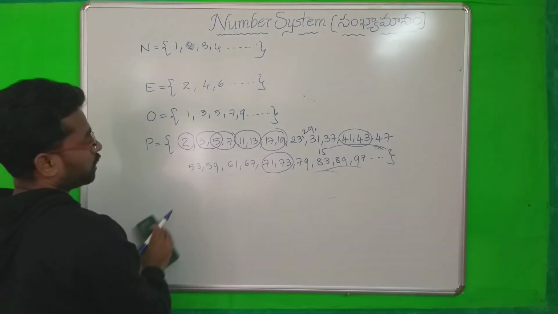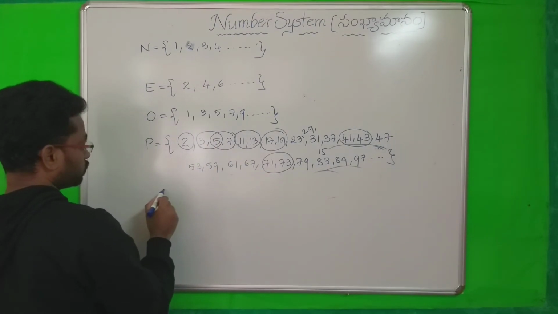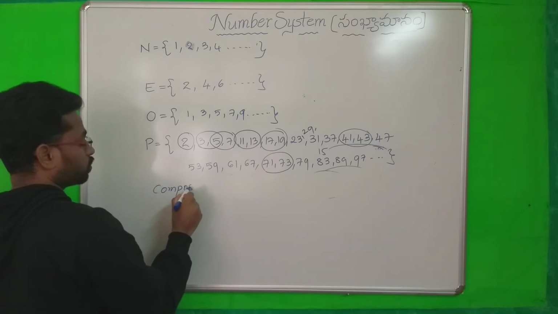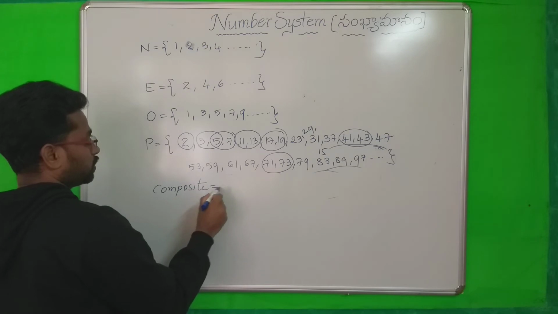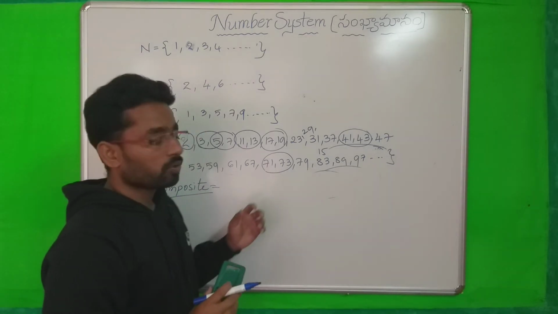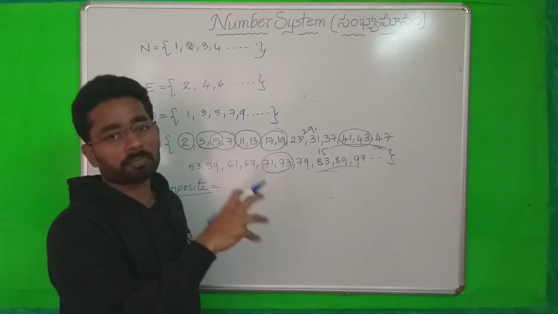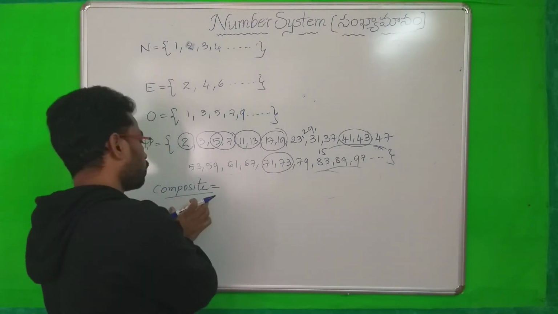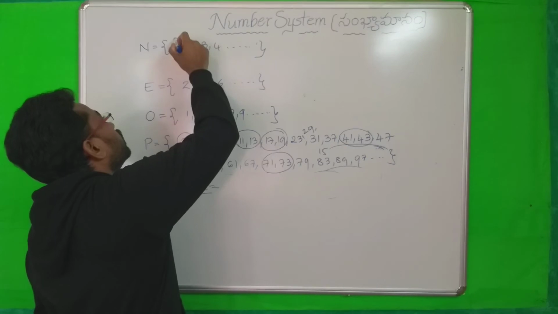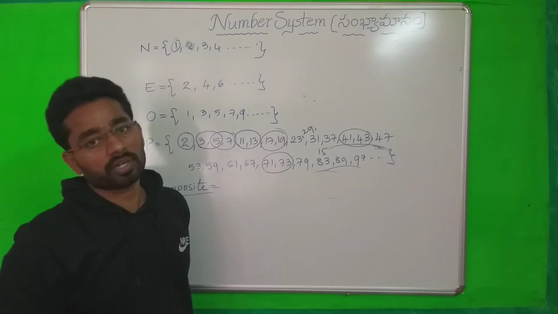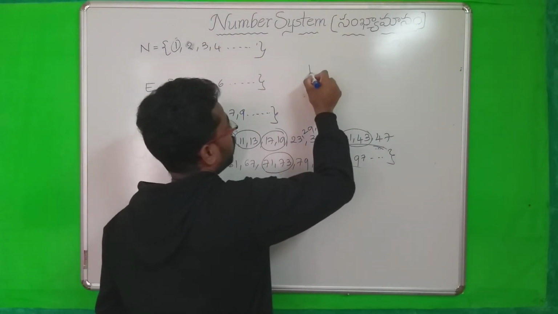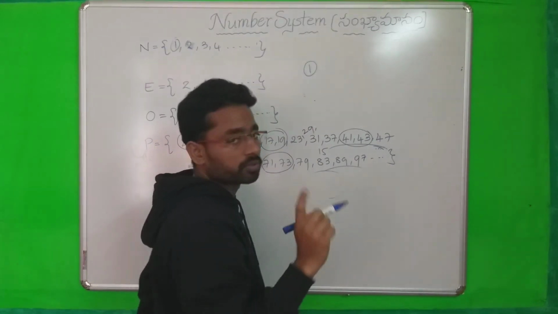So next, samyukta sankhyalu, composite numbers. You have to remember one thing, except primes, all the remaining numbers are composite numbers, excluding 1. Okay, you have to remember one thing, 1 is neither prime nor composite.